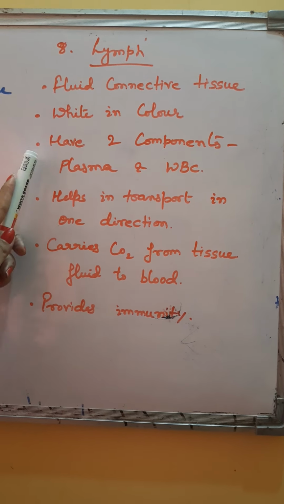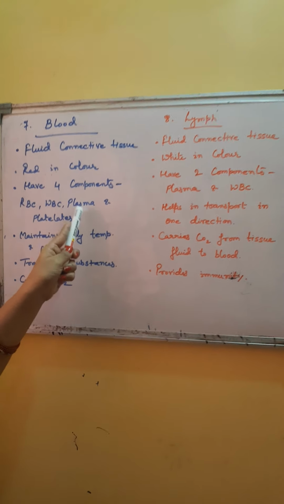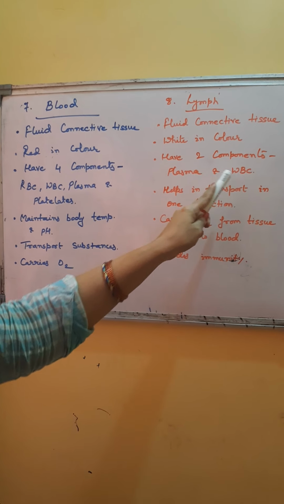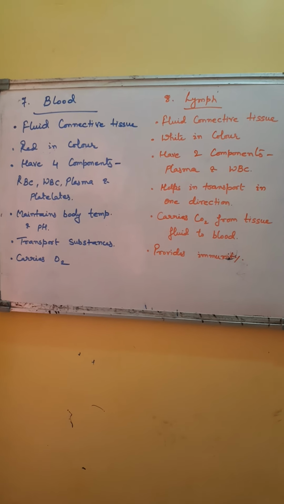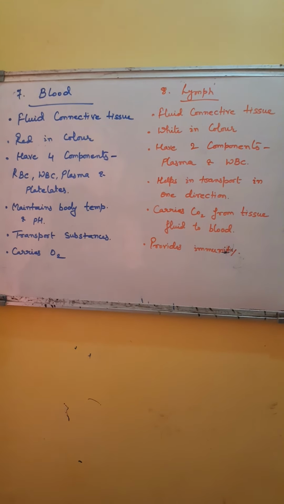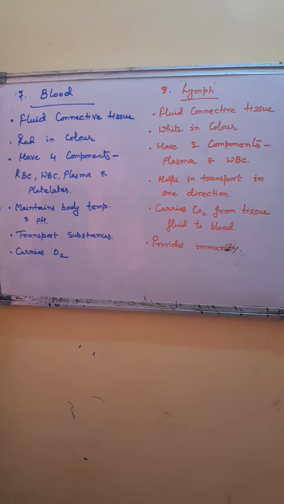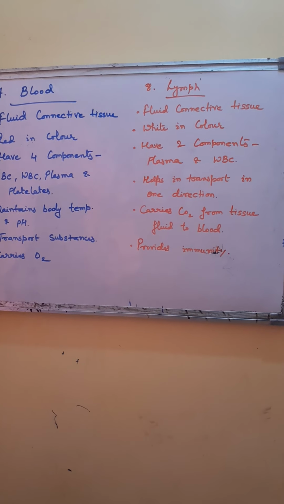Blood has four components, RBC, WBC, plasma and platelets, but lymph has only plasma and WBC. RBC is not present and that's why lymph is white in color, and platelets are also not present, and that's why lymph cannot clot.